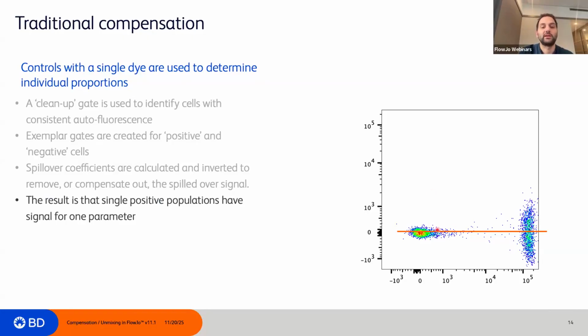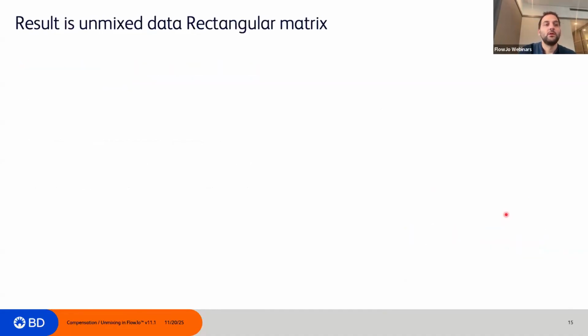So, like in this case here, it will show you single populations that have been compensated, and we don't have this double spillover present anymore. Right. So the result, something happened here with the slide.